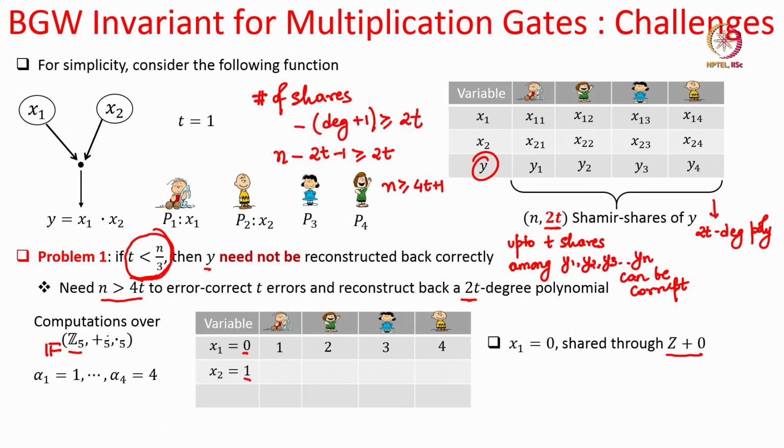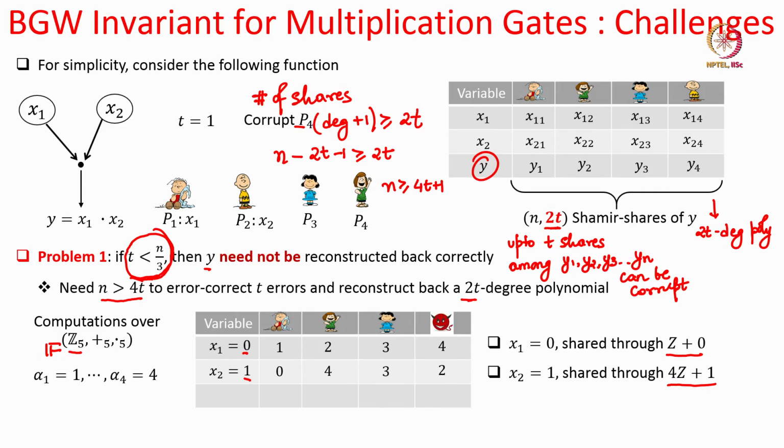Remember that all the plus and all the multiplication operations are performed modulo 5 here. In the same way, suppose the value x 2 is equal to 1 is VSS shared through this 1 degree polynomial. This will result in the shares 0, 4, 3 and 2 for the first, second, third and fourth party respectively.